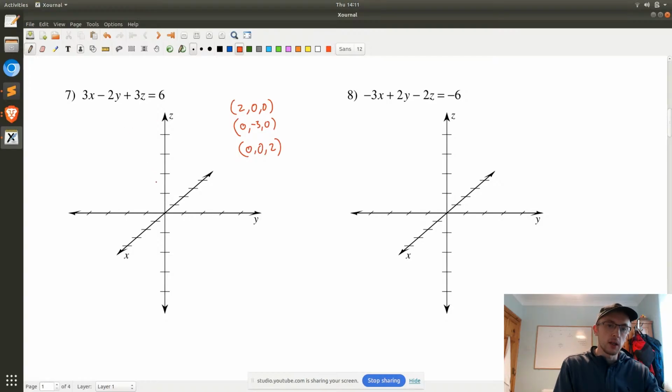And then 2 along there for x, 3 back for y, 2 there for z. Draw the triangle cutout. Shade.